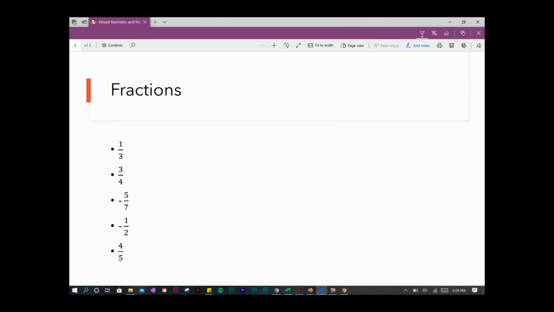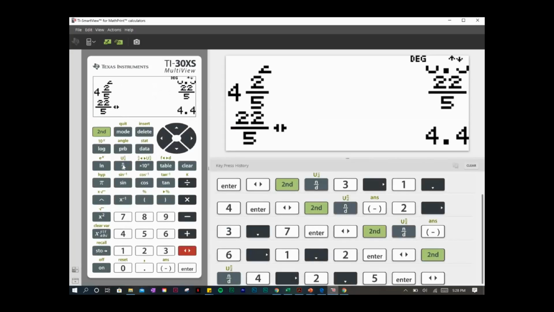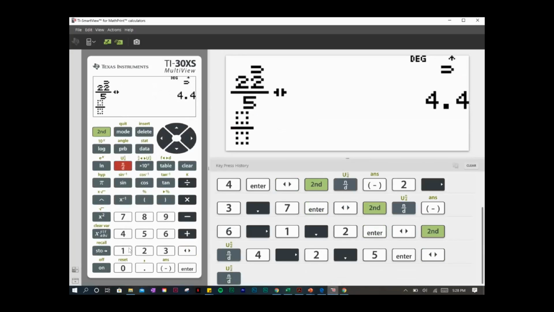So now if we go ahead and do fractions, we're going to take the fractions and we can see if they go to an improper fraction. And if they don't, then we just get the fraction to go to decimal form. So the first one we have is 1/3, so we're going to use the n over d button there. 1 and then down 3.